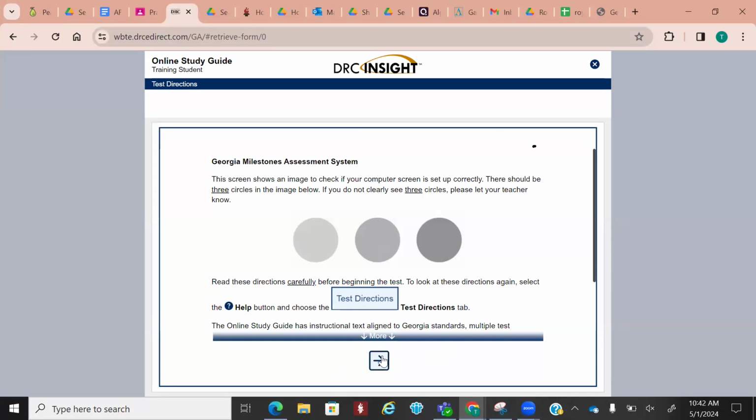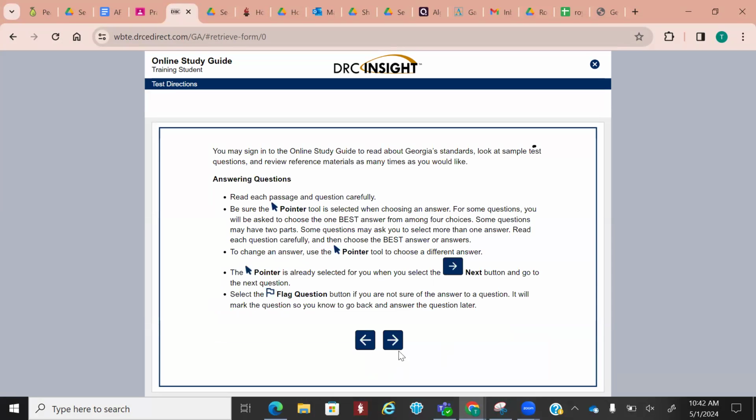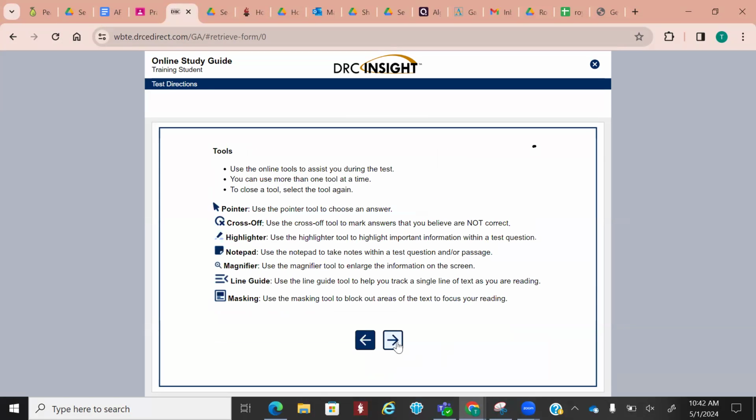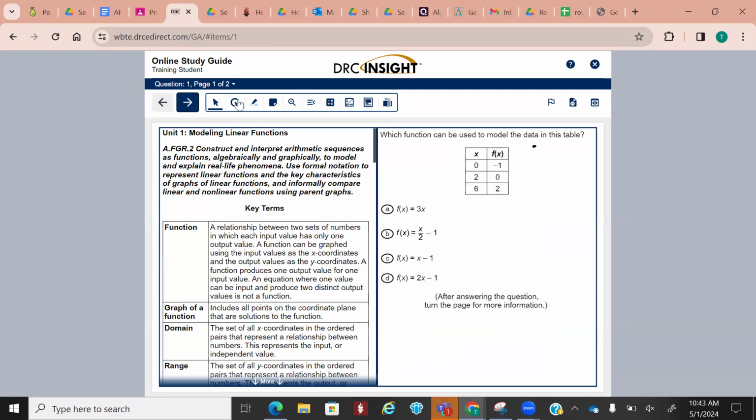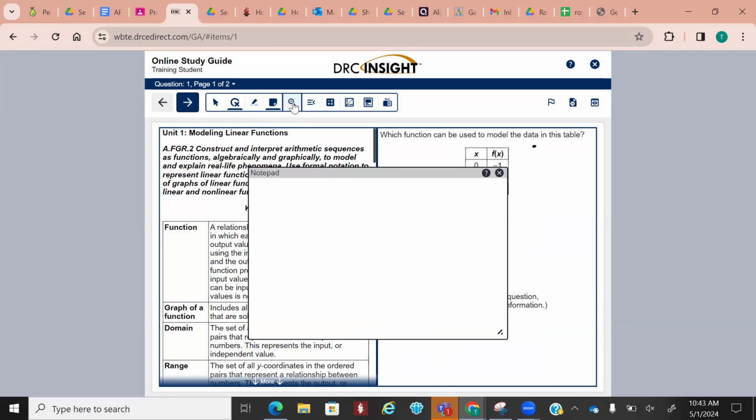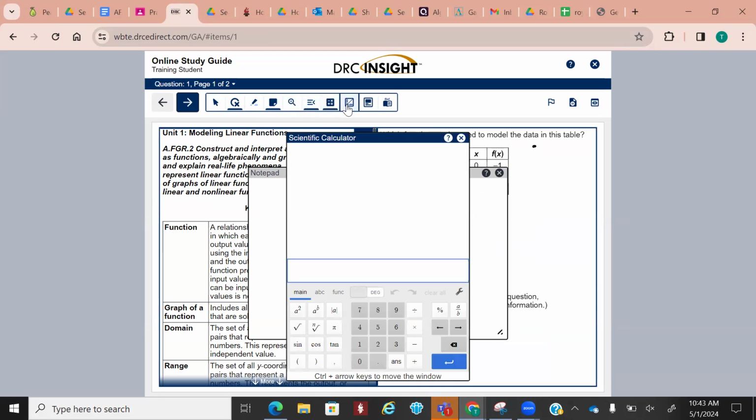Okay. These are the test directions. The proctor is going to read them to you tomorrow. You don't have to read them. You can just click through. Okay. There's a bunch of different tools that you can use. Up at the top, there is a cross off. There is a highlighter. There is a notepad. There is a zoom in. There's a line guide. There's a calculator.